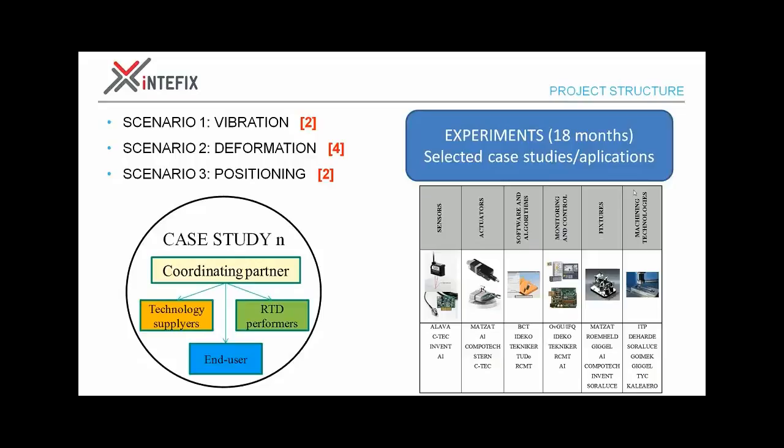This side is mainly based on the end user side, but could be different from the end user. So here the important things are the structure of the experiment or case study that should be formed by an end user and at least one technology supplier. And the experiment should last 18 months.